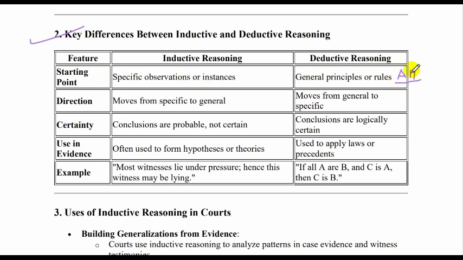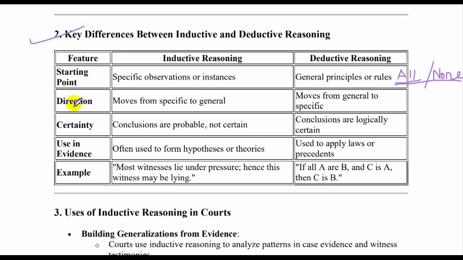General means it includes all or none. So this is like a universal affirmative and a universal negative, which I'll explain in later videos. So basically, inductive reasoning starts with specific observation, deductive reasoning starts with general principle.